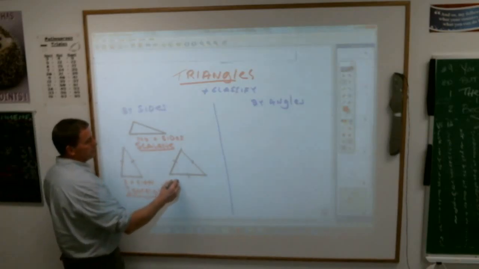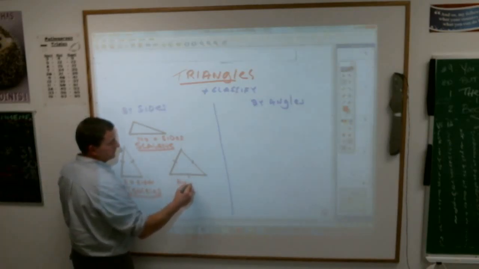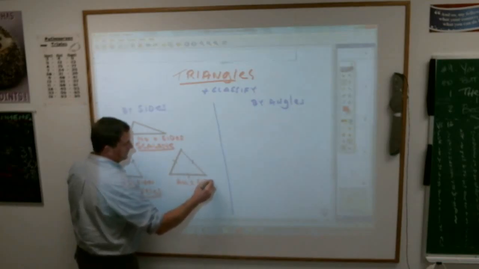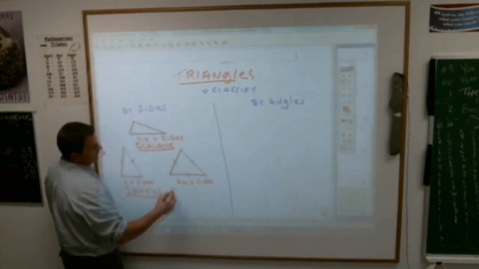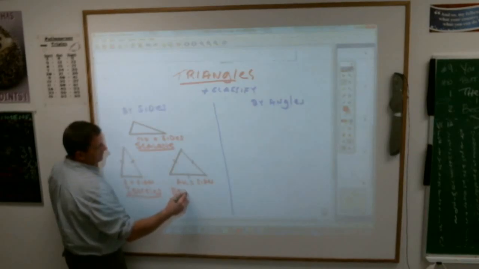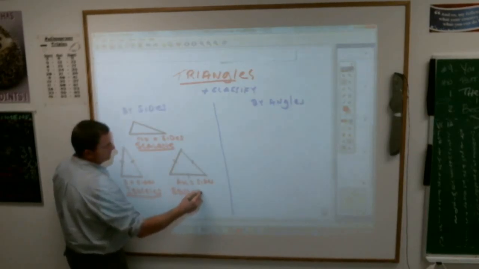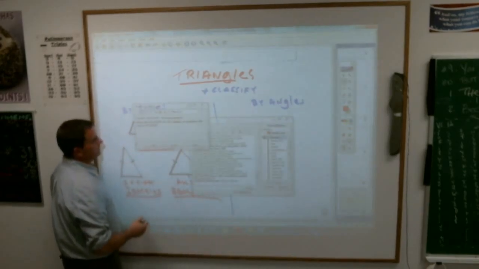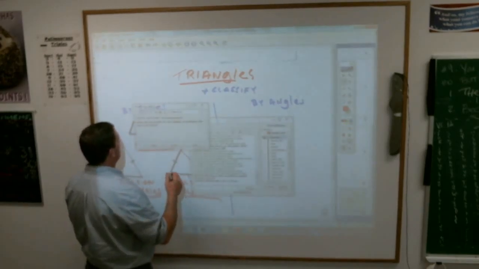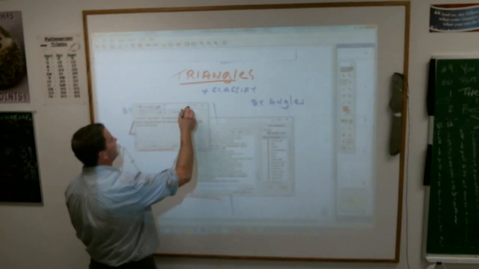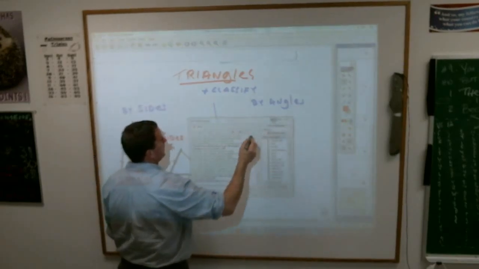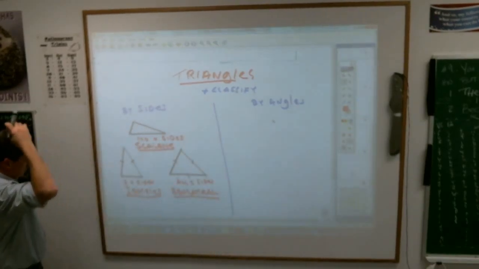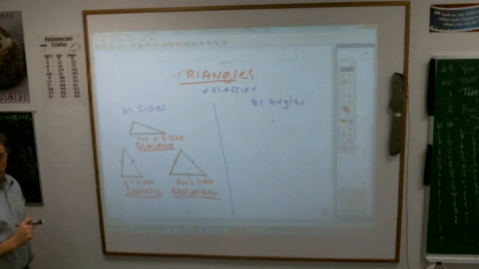And if all sides are equal, it is called an equilateral triangle. Equilateral. Let's make sure they don't give us any other information by that.